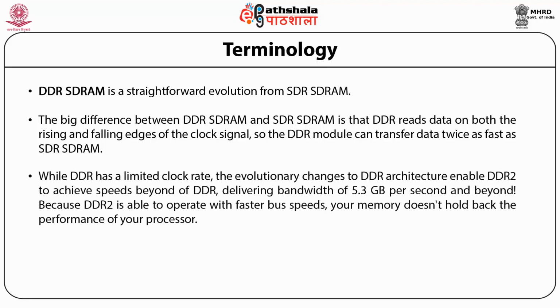While DDR has a limited clock rate, the evolutionary change to the DDR architecture enabled DDR2 to achieve speeds beyond DDR, delivering bandwidth of 5.3 GB per second and beyond. Because DDR2 is able to operate with faster bus speeds, your memory doesn't hold back the performance of your processor.